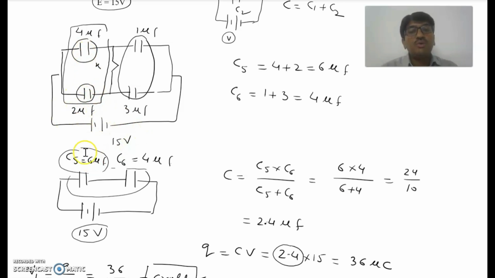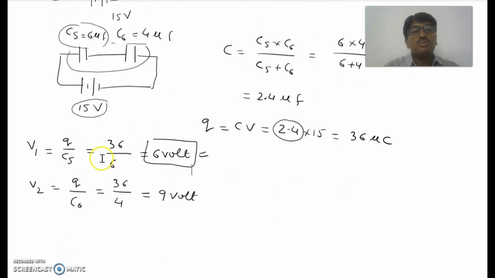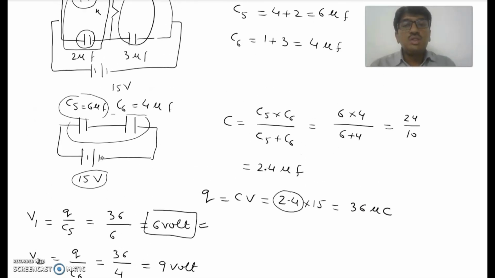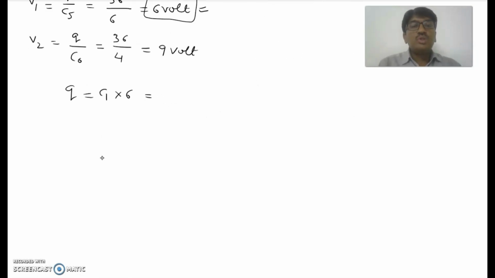Now we can calculate the charge across the plates of the 4 microfarad capacitor. Q is equal to C1 into 6, where 6 is the potential difference across C1 and the value of C1 is 4. So it is 4 into 6, 24 microcoulomb.